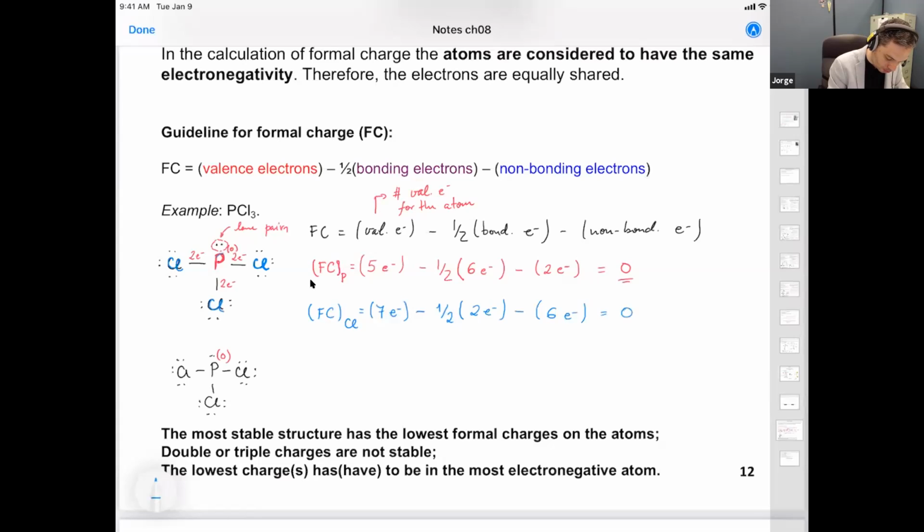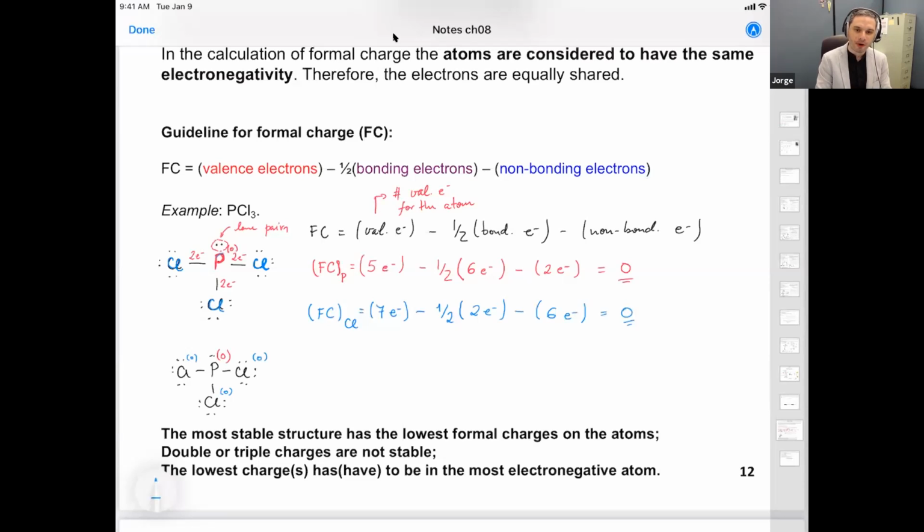That's going to give us a formal charge equal to 0. We represent that between parentheses on the top right corner. Because all the chlorine atoms are equivalent, doing the same kind of bond and having the same number of valence electrons, the formal charge for all the chlorine atoms is going to be 0 in this structure.